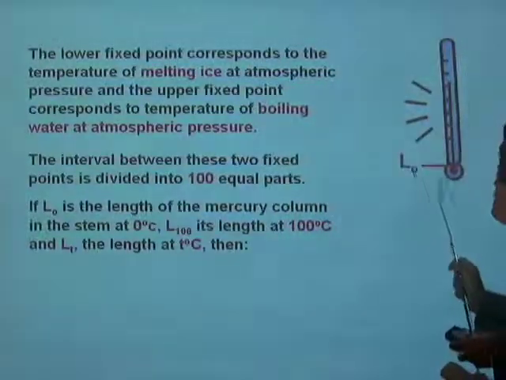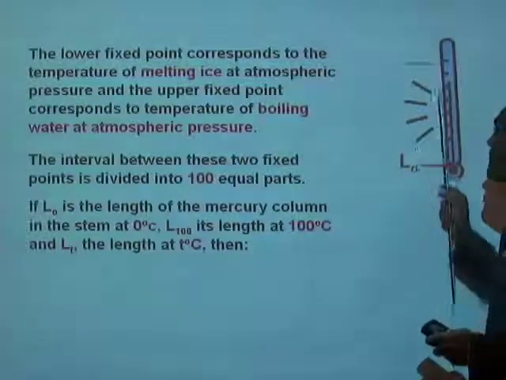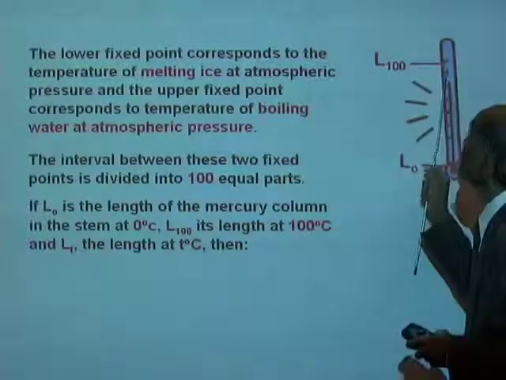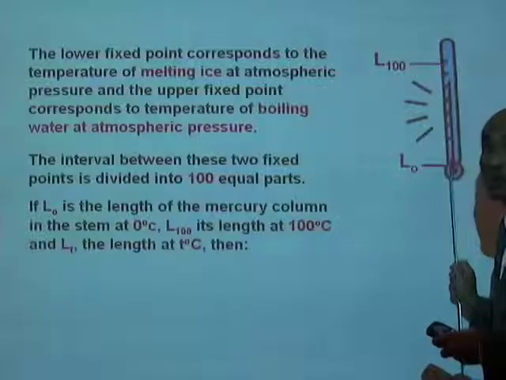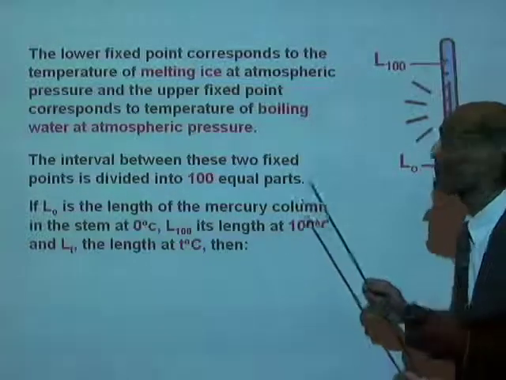Now this is L0, the length of the mercury column at 0 degrees Celsius. This length is L100, the length of the mercury column when the bulb is covered by boiling water.